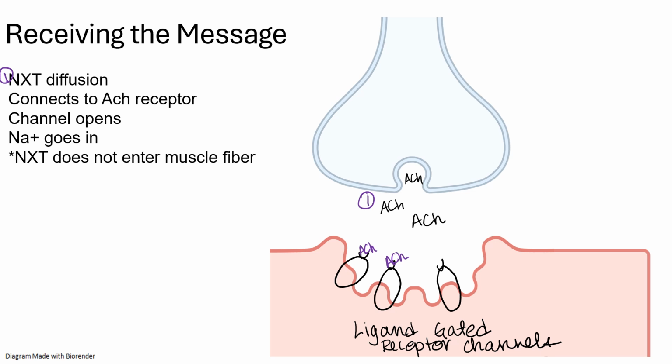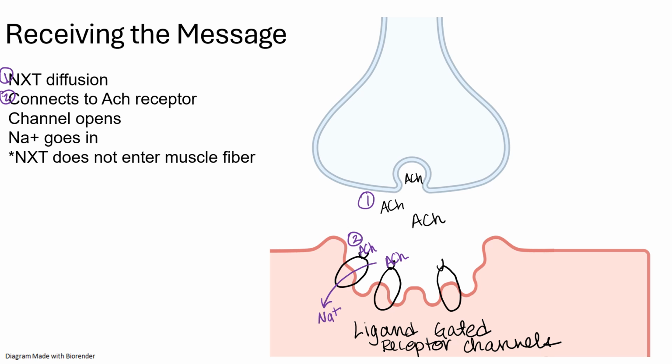And what it does is it docks itself into these ligand-gated channels, right? It is the ligand. It is the key. And being a key, when acetylcholine connects to these channels, they open and they allow sodium to move into the cell.